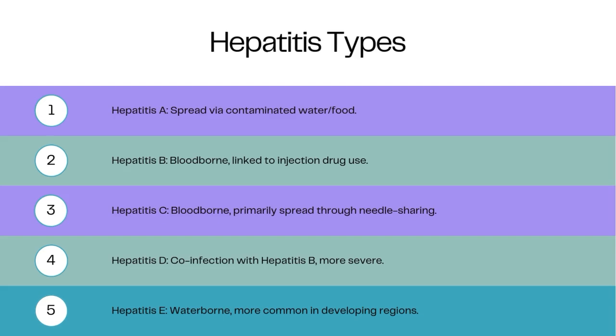It usually causes acute infections, and while it often resolves on its own, it can be serious for pregnant women and people with weakened immune systems. And while hepatitis A, B, and C are the most commonly discussed types, it's important to recognize that hepatitis D and E also pose significant health challenges, particularly in certain regions or populations.